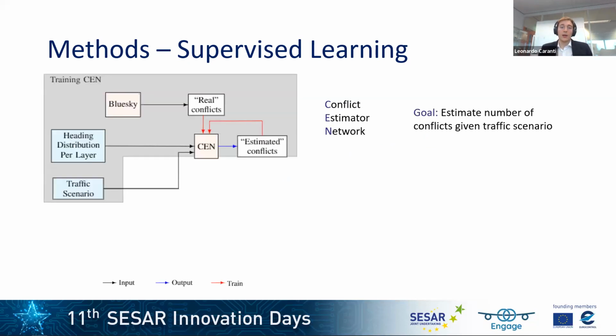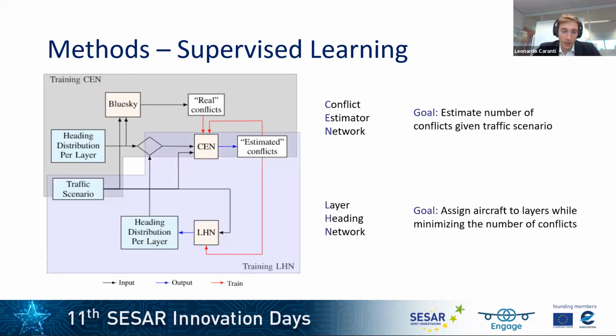The first one, defined as the conflict estimator network, has a goal to estimate the number of conflicts given a traffic scenario. And in the training, the estimation is compared to an actual simulation of the true number of conflicts. I will talk about that later on the simulation itself.